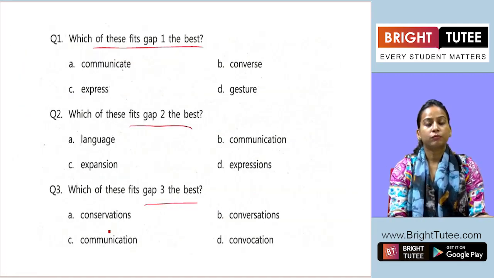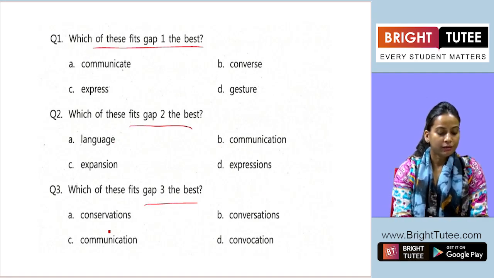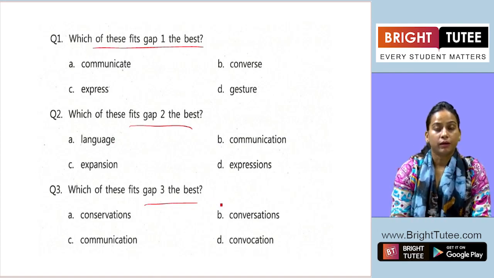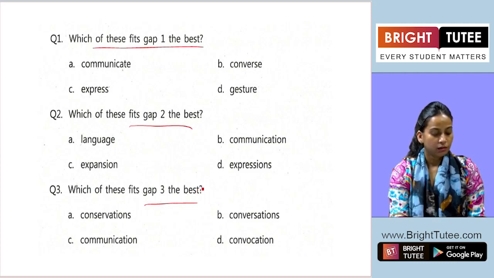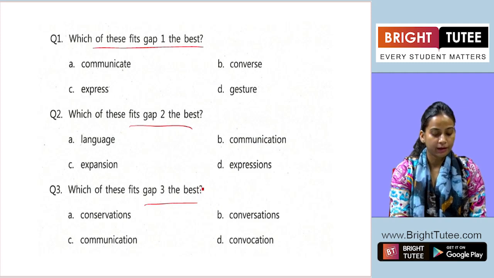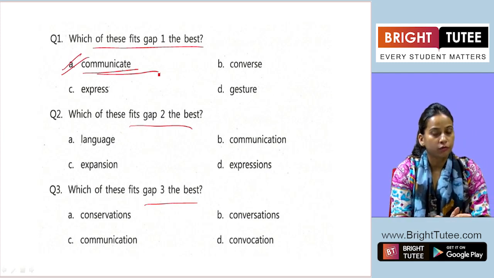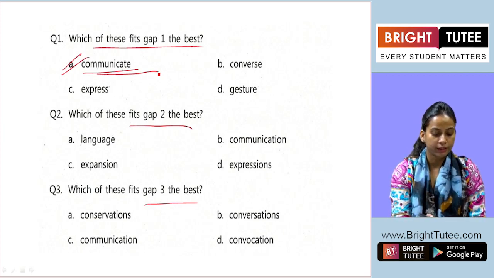So for the first blank, they have asked: when we speak we use much more than just words. We also blank with our face, our hands and even our body. So we also communicate. That is going to be the correct option for the first blank. We also communicate with our hand, with the body.